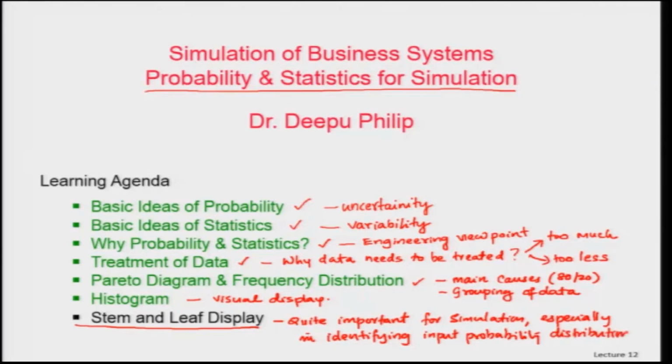Remember, if you did ARENA, we used constant, uniform and those kinds of things. So how did we come across identifying those probability distributions for the simulation models? The stem and leaf display is a good way to look at the data and analyze from that.